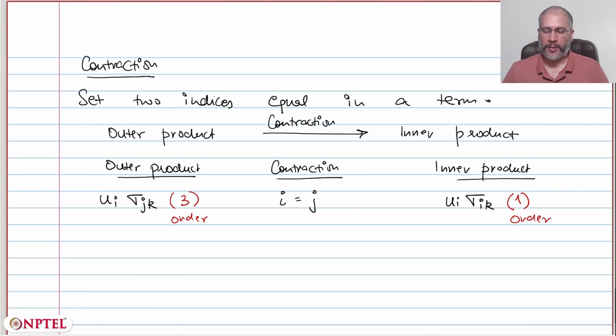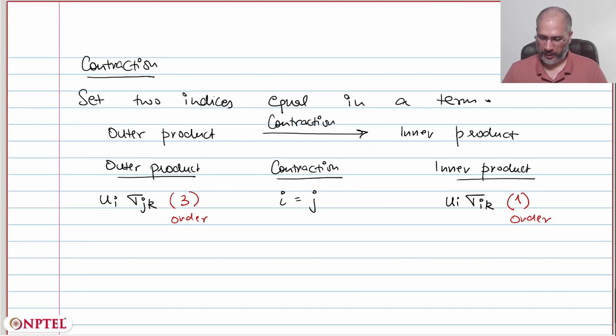Okay. So what we saw was that we were able to define an inner product between a vector and a tensor using a contraction here, which is i equals j. And what we also noticed was, as we have done in the past, that a contraction reduces the order by 2.